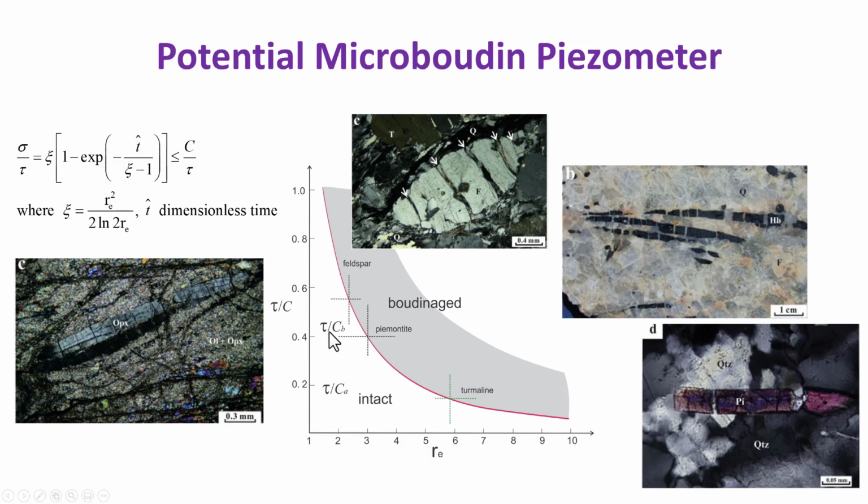And also, we would be able to get the tensile strength for different mineral phases under natural deformation conditions. This method means that for each mineral phase with microboudin, we can establish an equation like that. If we have three different phases, we'll have three different equations. We can solve the equations simultaneously to get not only the shear stress of the matrix, but also the respective tensile strength for each phase.